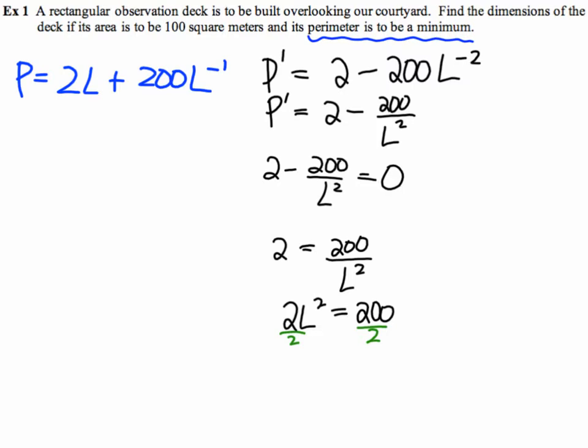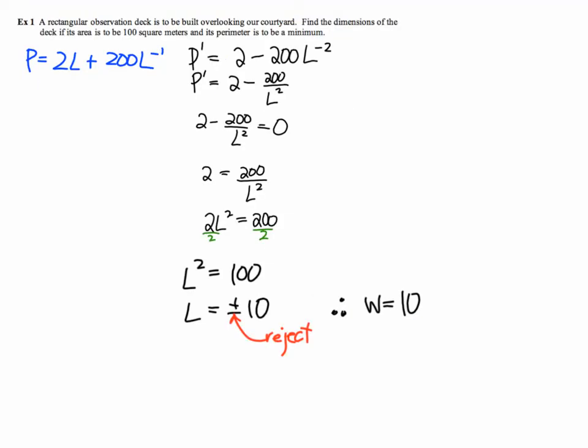And L will equal plus or minus 10. Now since I can't have a negative length, I need to reject the -10, and my length is 10. So if I go back to my area formula of length times width for area, if the area is 100, that means that my width is 10 meters as well. So both the length and the width equal 10.